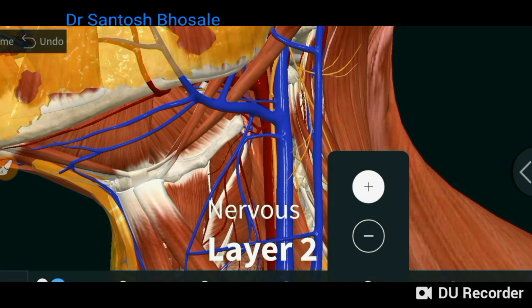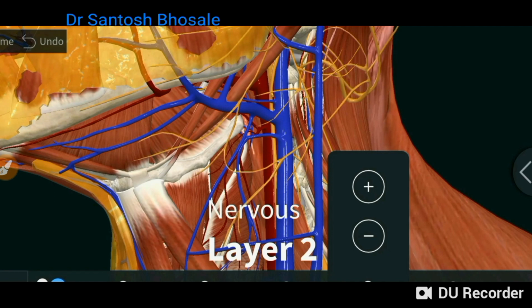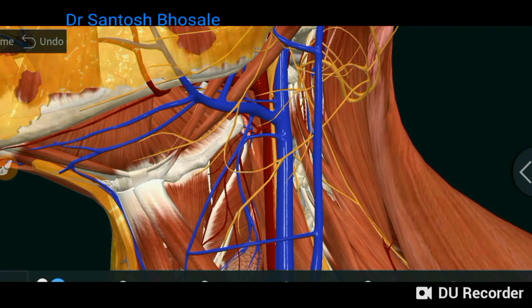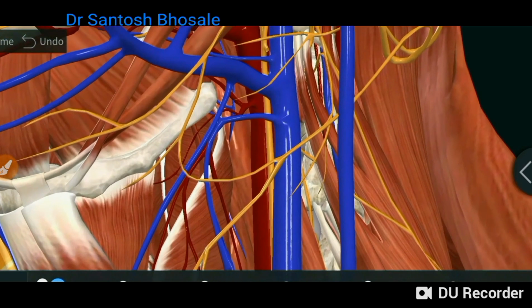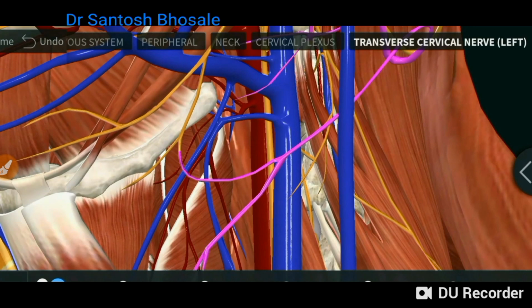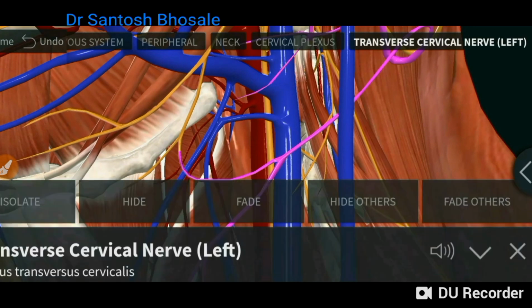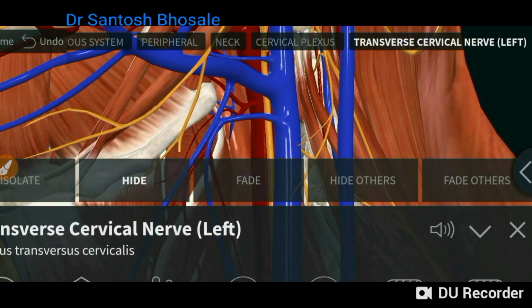You can see the internal jugular vein is anterolateral, common carotid artery is posteromedial. Between them you will see the vagus nerve. So the carotid triangle contains these important structures. Carotid means to throttle. So if you throttle here, it produces unconsciousness in human beings.